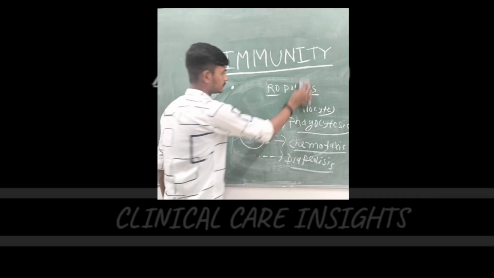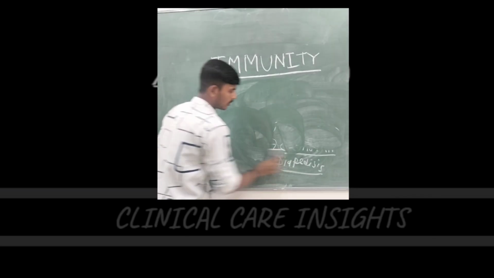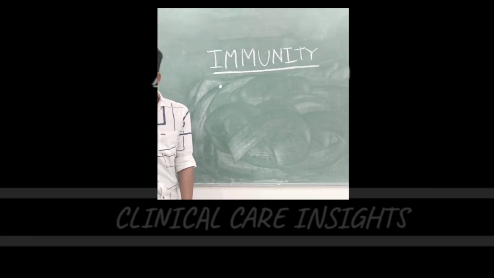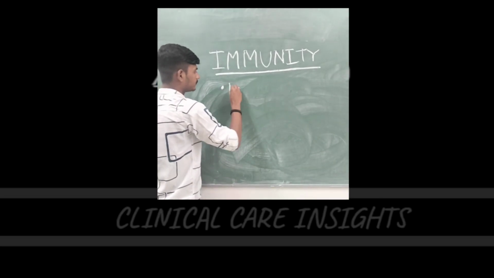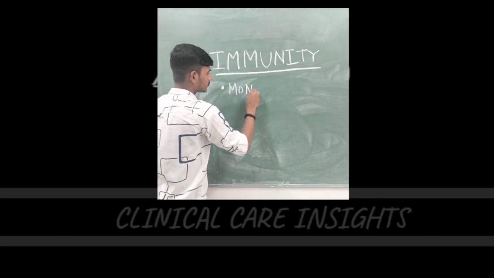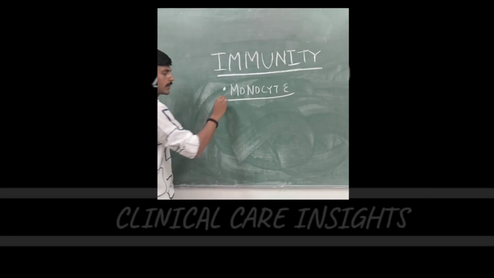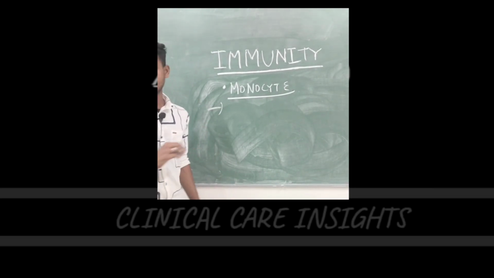Now, come to another cellular barrier of innate immunity, the monocyte. Monocyte is also a type of WBC.